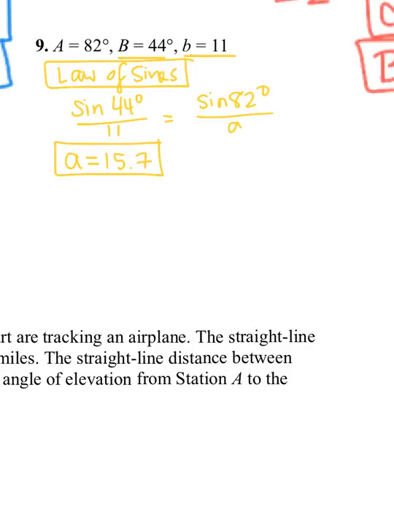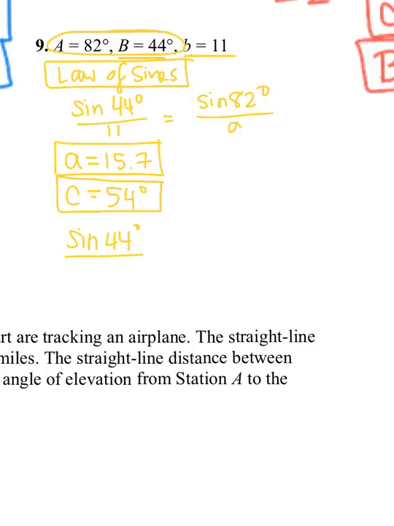I also have 2 angles here, so I can just easily solve for my last angle by doing 180 minus 82 minus 44, and I get 54 degrees. All right, and then I can go ahead and set up that law of sines one more time.